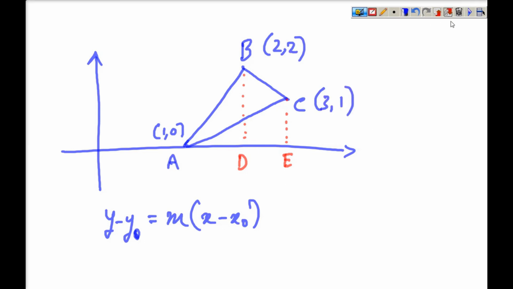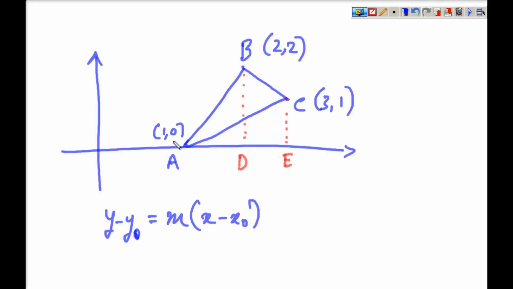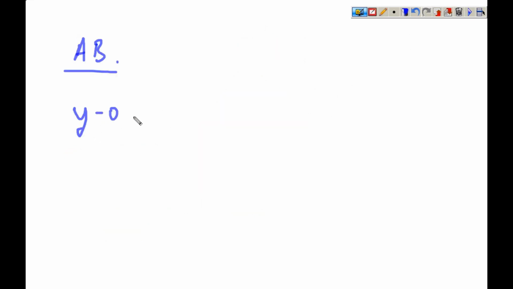So starting with the line AB, we need to make the equation of this line. Selecting the initial points, initial y is 0, right? So we can write y minus 0 equals m times x minus 1.